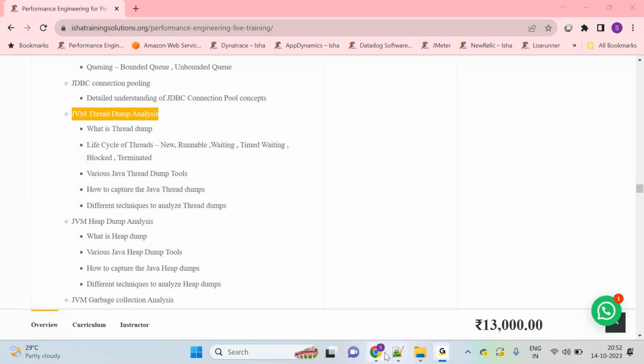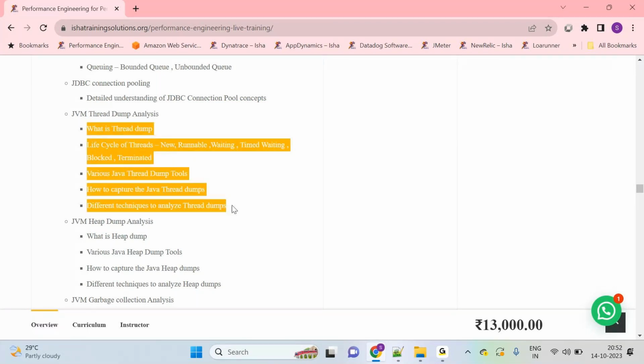In thread dump analysis, first we are going to understand what a thread dump is, then the thread life cycle, what tools are available, how to capture the thread dump, and how to analyze it.